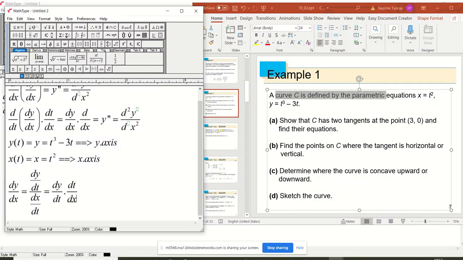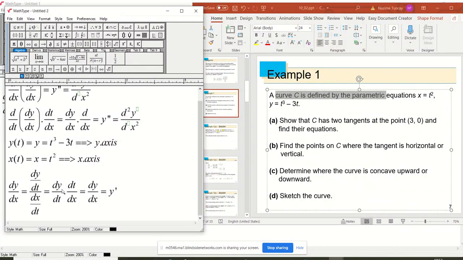So this again is dy over dx. These are the same representations. So this is derivative of y according to x.